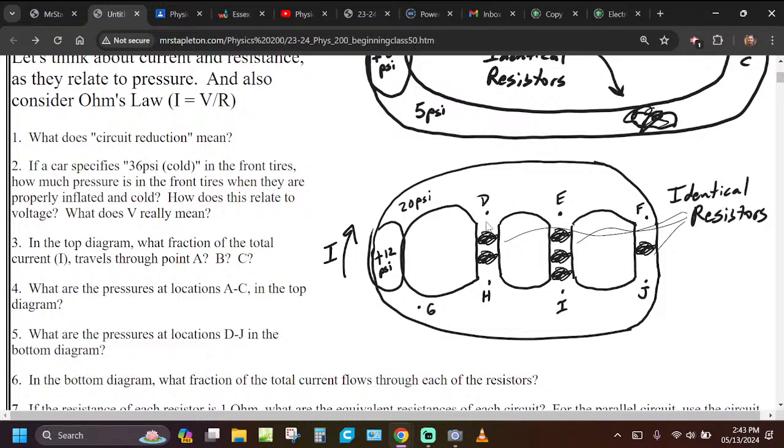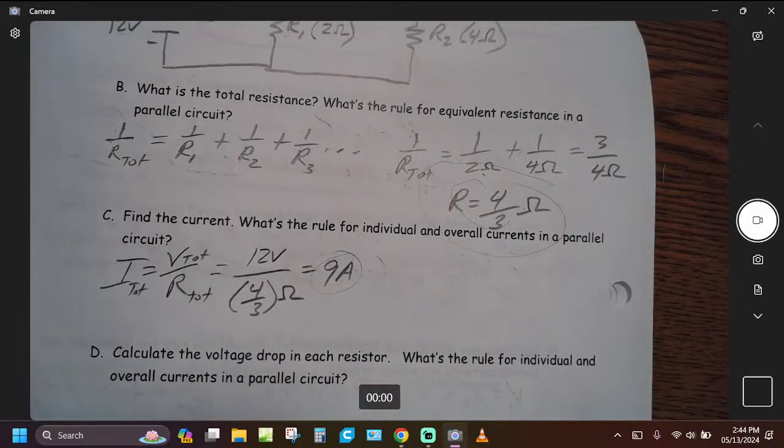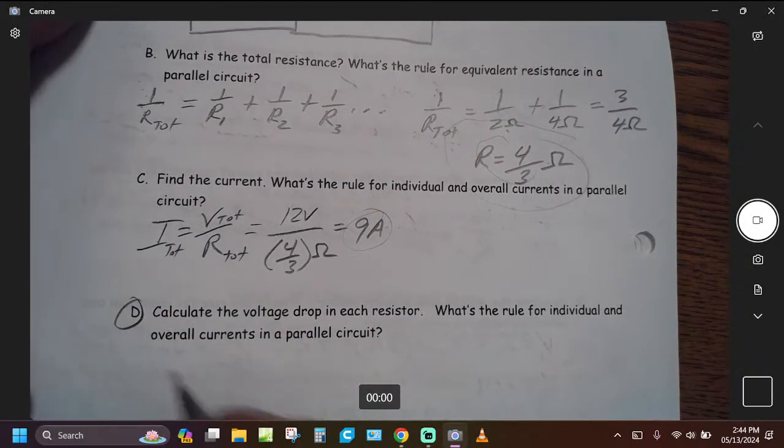The important thing is the pressure difference across D and H and E and I and F and J are all what? 12. So you go from 20 down to 8 here. You go from 20 to 8 there. So the voltage drop in a parallel circuit like this is the same as the source. So that's an important rule that we'll actually write down when we get to D.